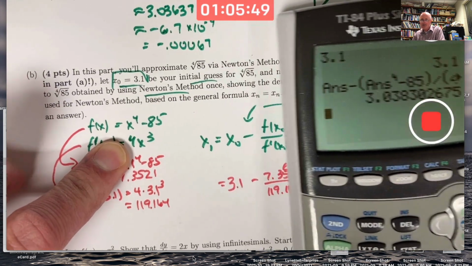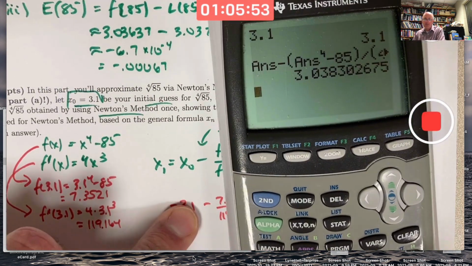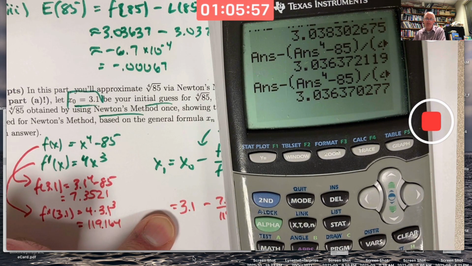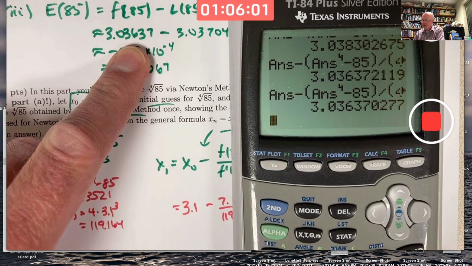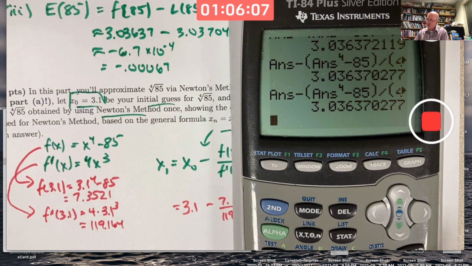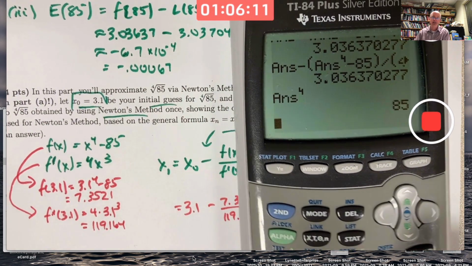Enter, that is the value I got here, 3.0383. If I keep hitting enter a few times, it settles down very quickly. Already x2 is actually correct to that many decimal places. And x3, x4, it's already settled down toward a more approximate root. If I raise this to the 4th power, the calculator does round it to 85.